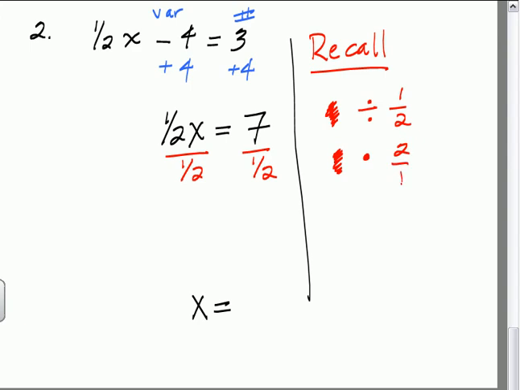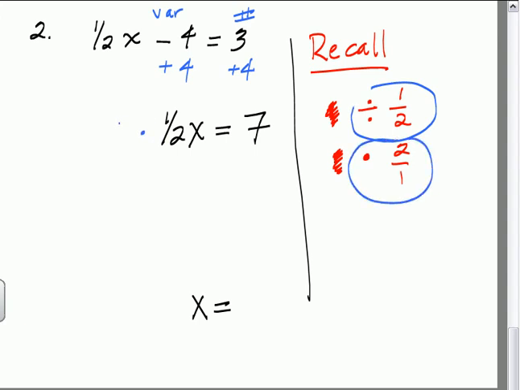So 2 over 1. So back here in the problem, instead of writing this as dividing by 1/2, what we're going to do is just be very clever and say, oh, but wait a second, dividing by 1/2 is the same thing as multiplying by 2.